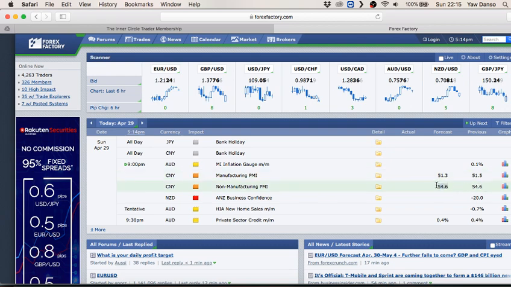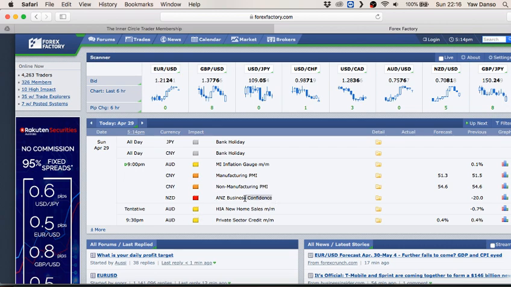The forecast means what they are predicting. If this were to be bigger than the previous one, that means it's good news. So if I were to trade on this Chinese yuan, and this one was good, that means it's going to be positive for this currency, then I'll buy that currency.